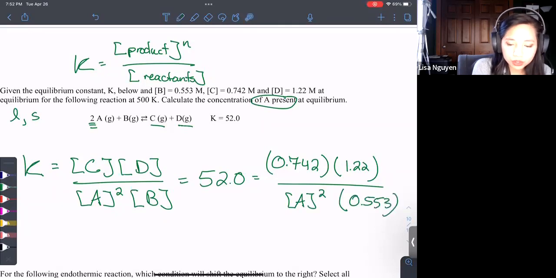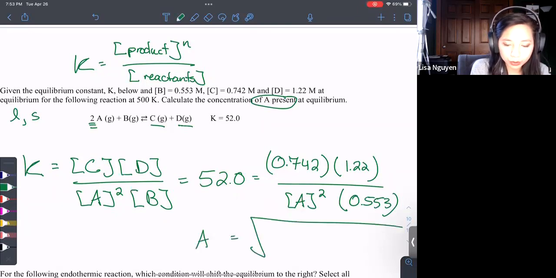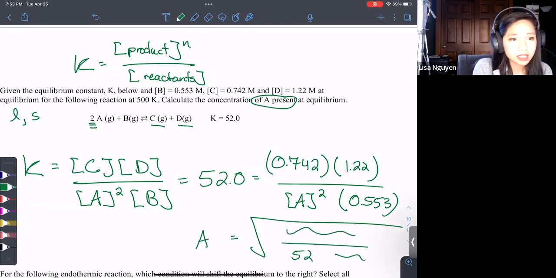What I would do is bring A over here and bring the 52 over here, but it's A squared, so you have to take the square root of everything. You would get A equals the square root of all of those numbers, with the 52 down here, and that would be the concentration. And you see it on the key.